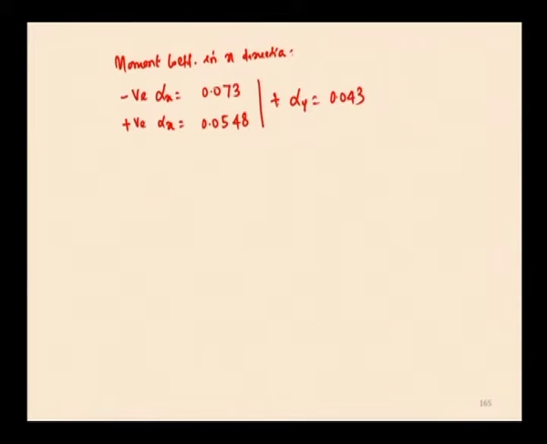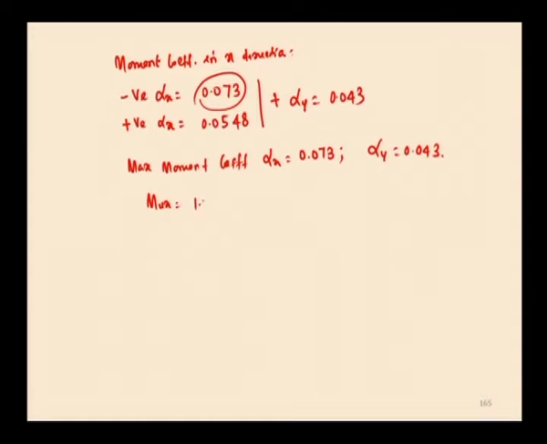So, among these we have to select the maximum moment coefficient, that is 0.073. So, maximum moment coefficient alpha x is equal to 0.073 and alpha y is 0.043.